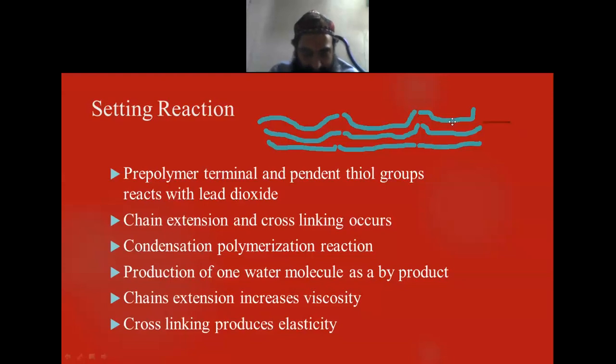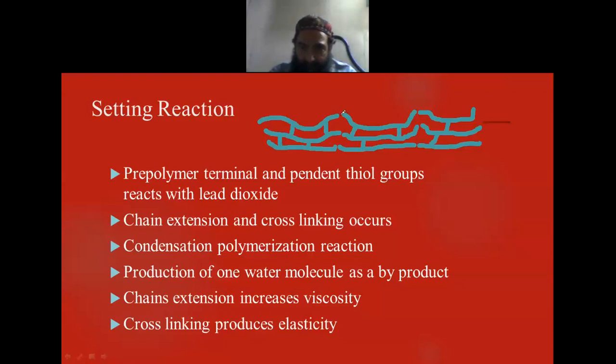And side by side, cross linking occurs, like this. When this happens, it means polymerization is under way.